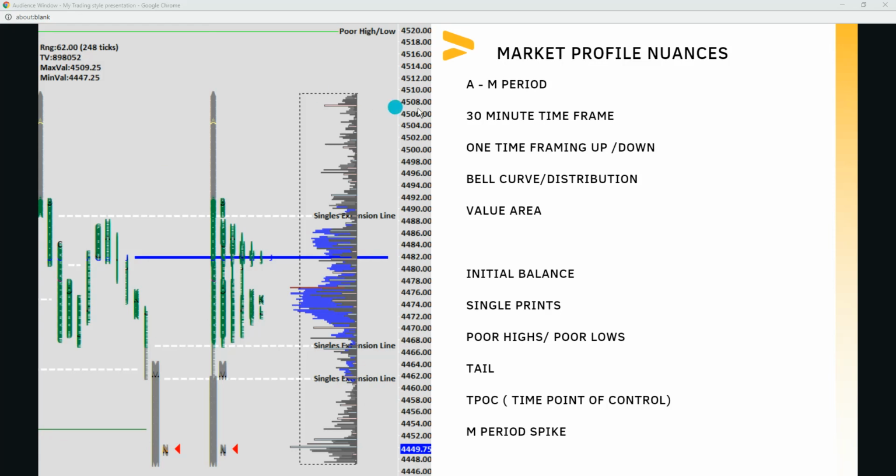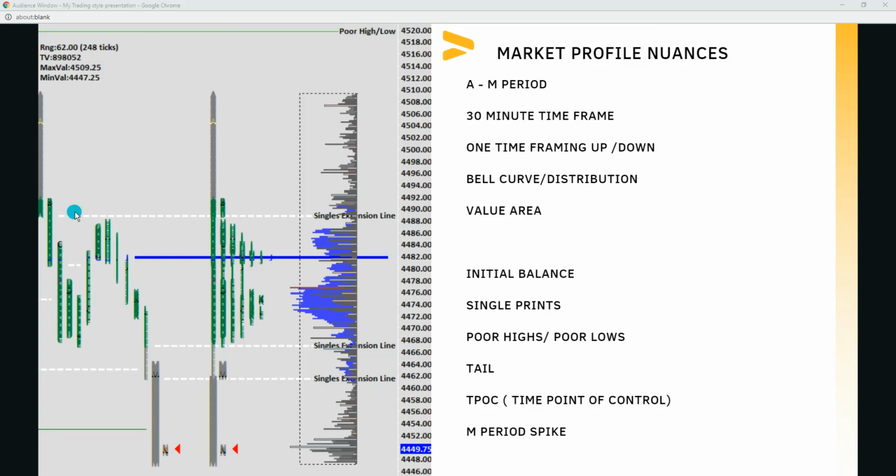So the main nuance or aspect that some traders use is the initial balance trade, where the market wants to break the initial balance either to the downside or the upside, and then it's also that A period going into the B period trade, where they want to see the edges of A. Are we going to break A's high?